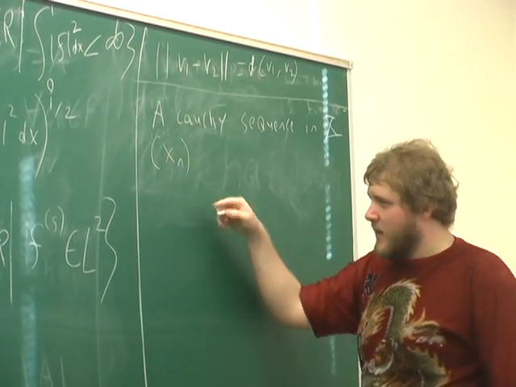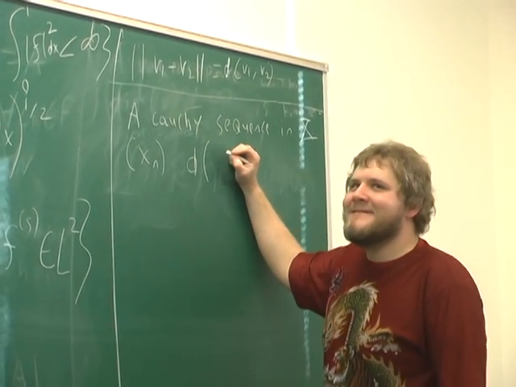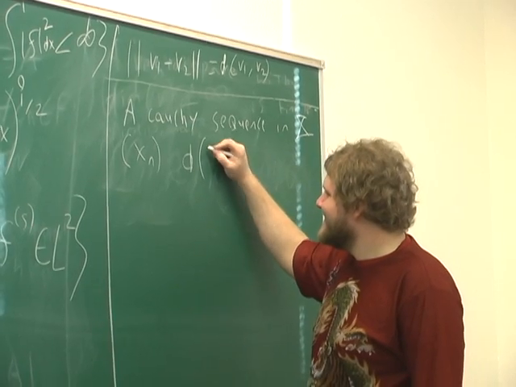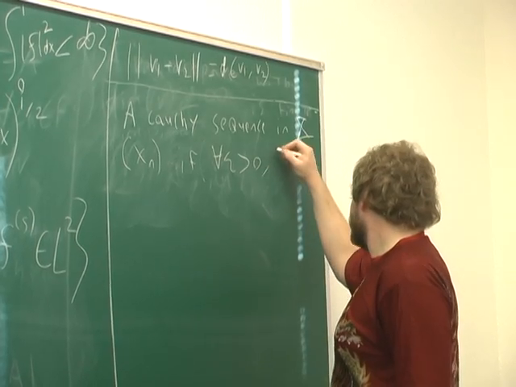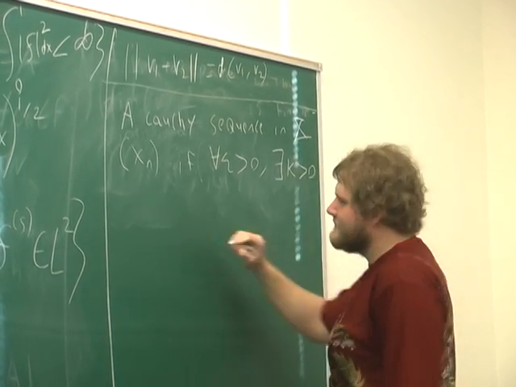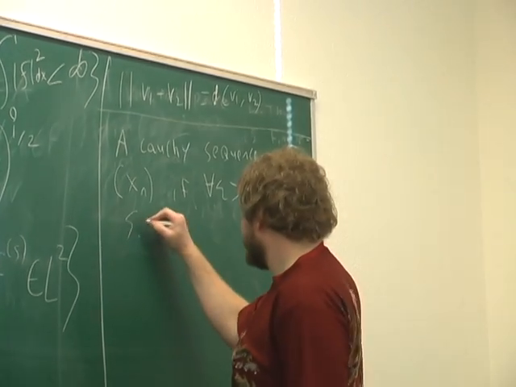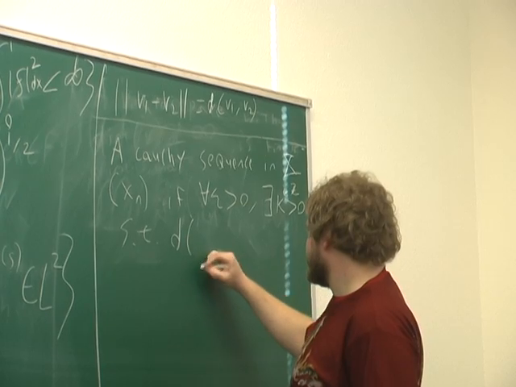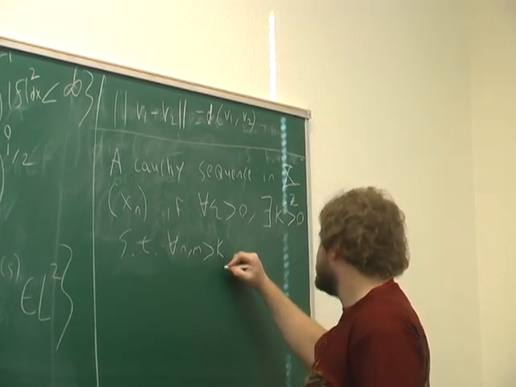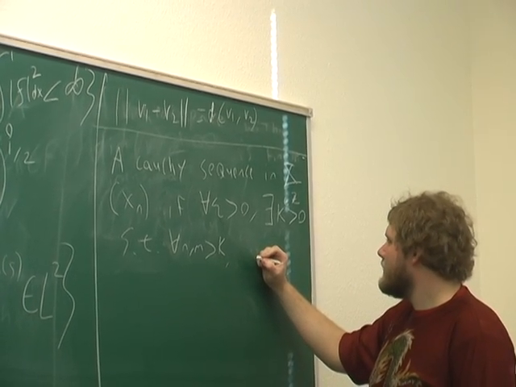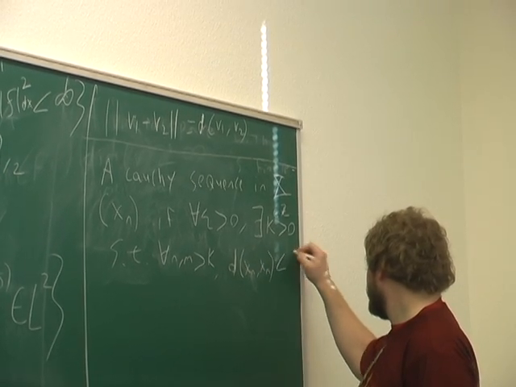So a sequence of elements x_n is Cauchy if for any epsilon greater than 0, there exists an integer k such that for any n and m greater than k, the distance between x_n and x_m is less than epsilon. Right.